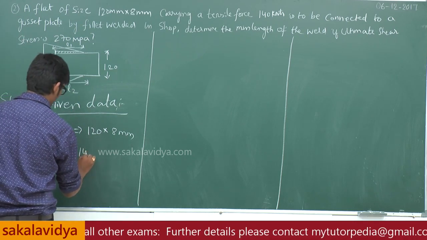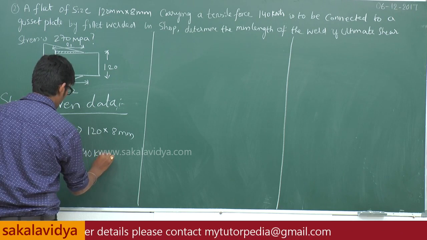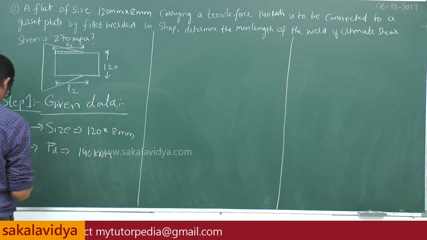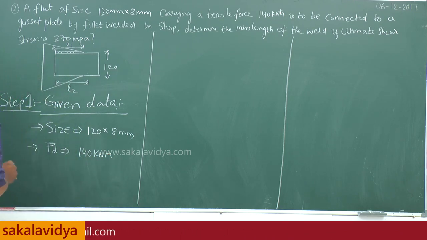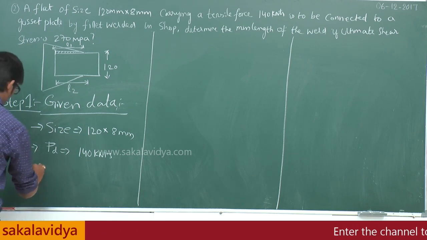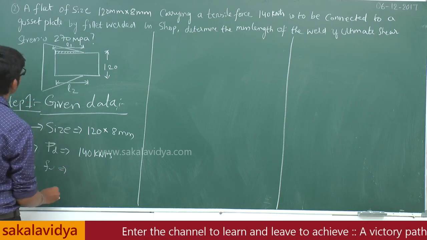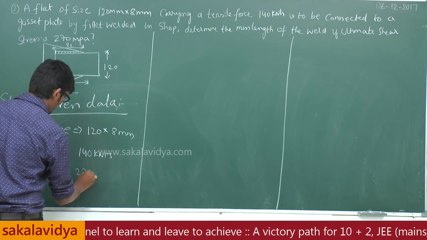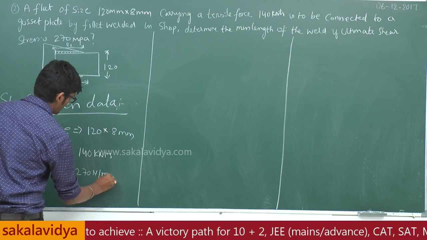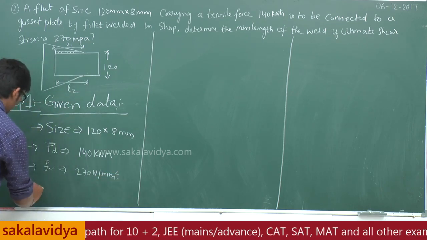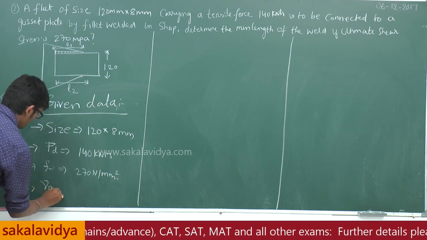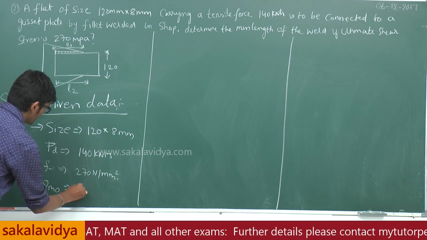140 kilonewtons. Next, ultimate shear stress, that is Fu is equal to 270 Newton per mm square, and the partial safety factor is given as gamma m0 is equal to 1.25.